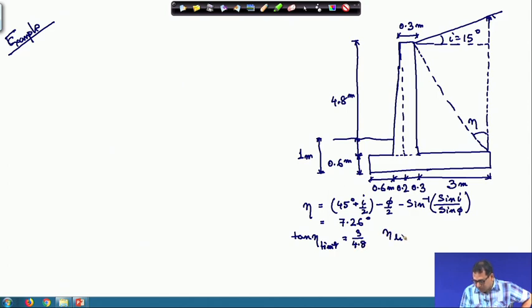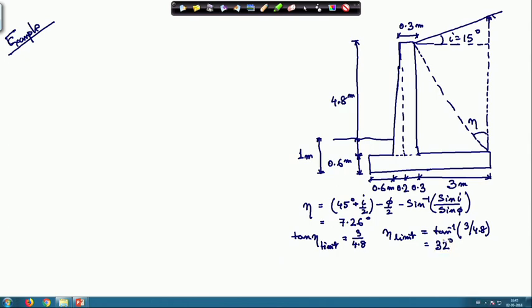So, eta limit or the eta maximum was tan inverse of 3 by 4.8. So, this is 32 degrees, but in this case this eta is less than 32 degrees. So, we can use the Rankine theory.